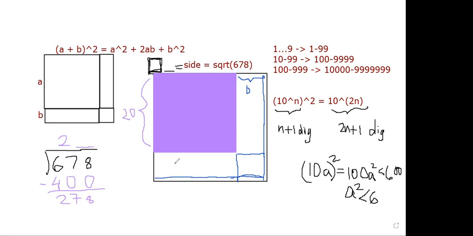What is A here? 20. So this one is nothing but 20B, and this is also 20B, and this is B square.